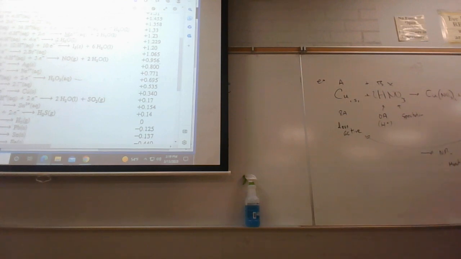Let's do another example of an A plus BX pattern. Let's take chlorine plus potassium bromide. What were the roles? So A is what? Reducing agent. Is chlorine a good reducing agent?